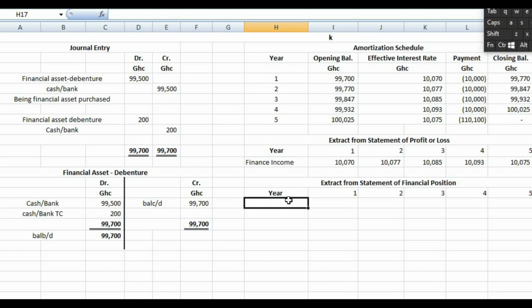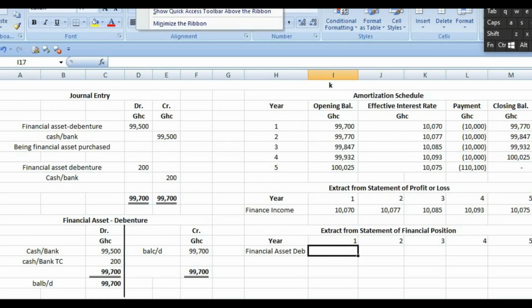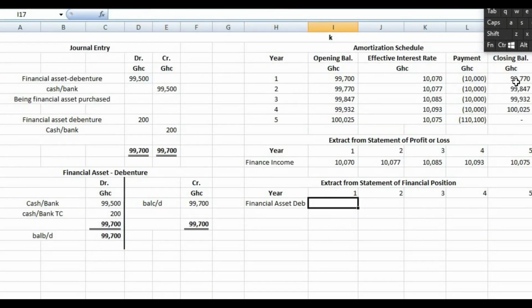So financial assets, we are going to report financial assets. So at the end of the first year, we're having 99,770.